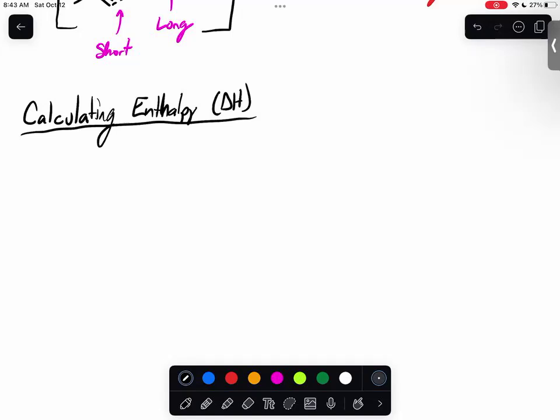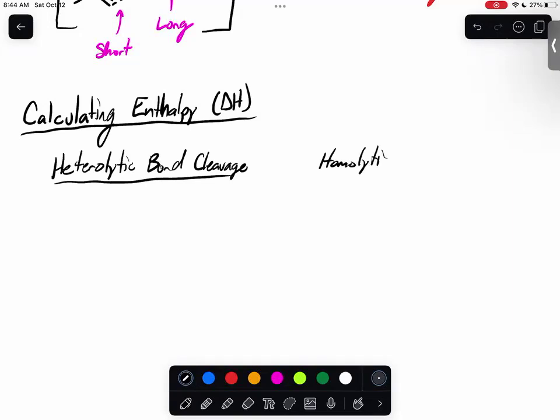So there are two types of bond cleavages: heterolytic bond cleavage and homolytic bond cleavage. Heterolytic bond cleavage is what we've been looking at most of the time in our reaction chemistry.